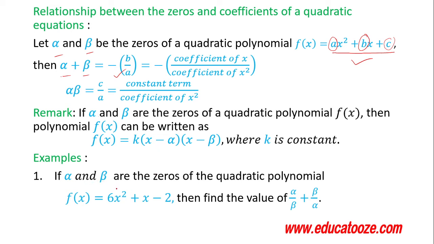If alpha and beta are zeros of quadratic polynomial f of x equal to 6x squared plus x minus 2, then find the value of alpha by beta plus beta by alpha.